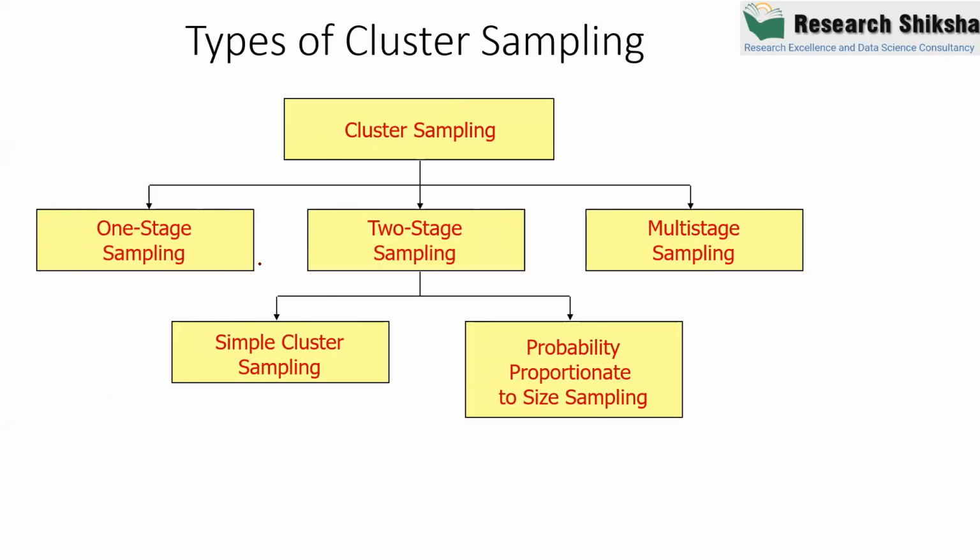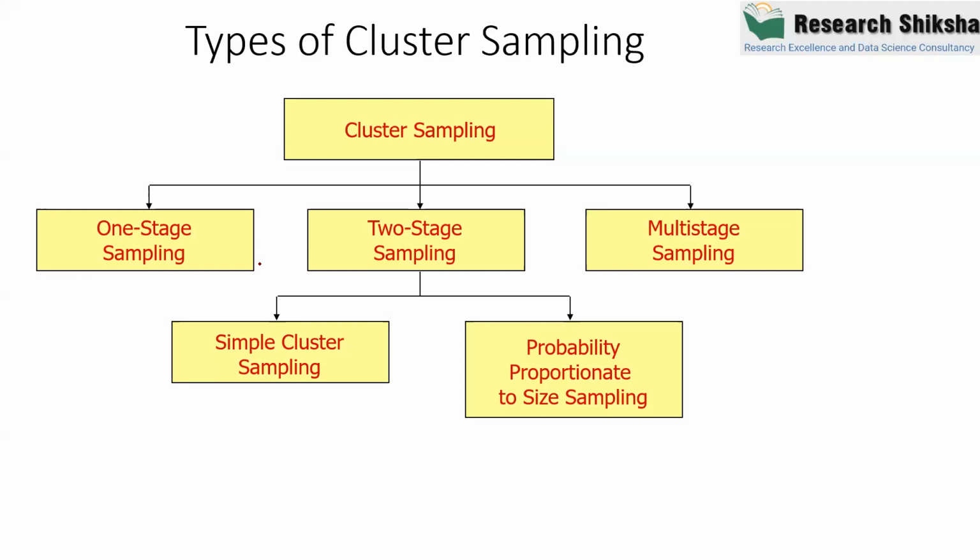So now we are having different stages of cluster sampling. One stage, two stage, multi-stage, because within cluster you can further go for random sampling or stratified sampling like this. So we can make different stages, and in most of the cases we follow not a single sampling method, rather we go for different sampling methods.